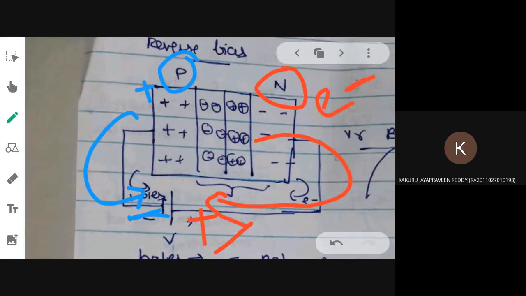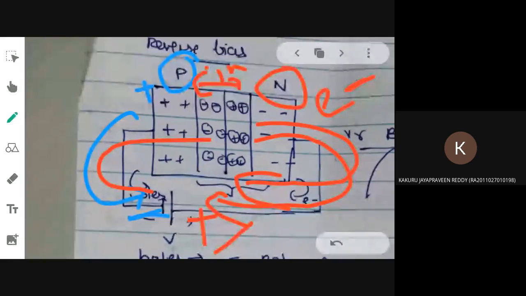In between you have the junction called the depletion layer. So all the electrons and holes will try to move to the other side, and this layer will become depleted of mobile charge carriers. If the mobility of the charge carriers is stopped, then what will happen?